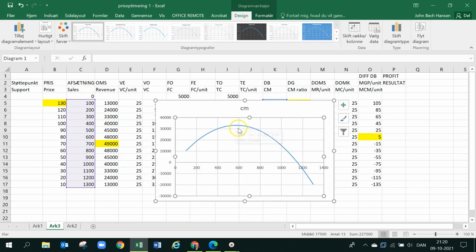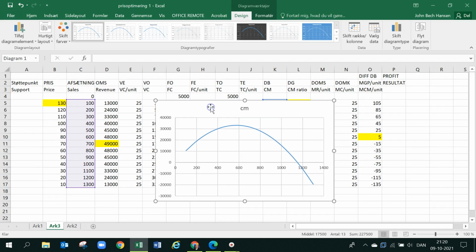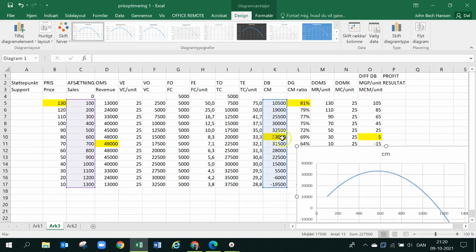So I will have a maximum contribution margin at around 600, maybe a little bit before 600, and we will reach a maximum contribution margin of 33,000 or something like that. And that's also what we have here.